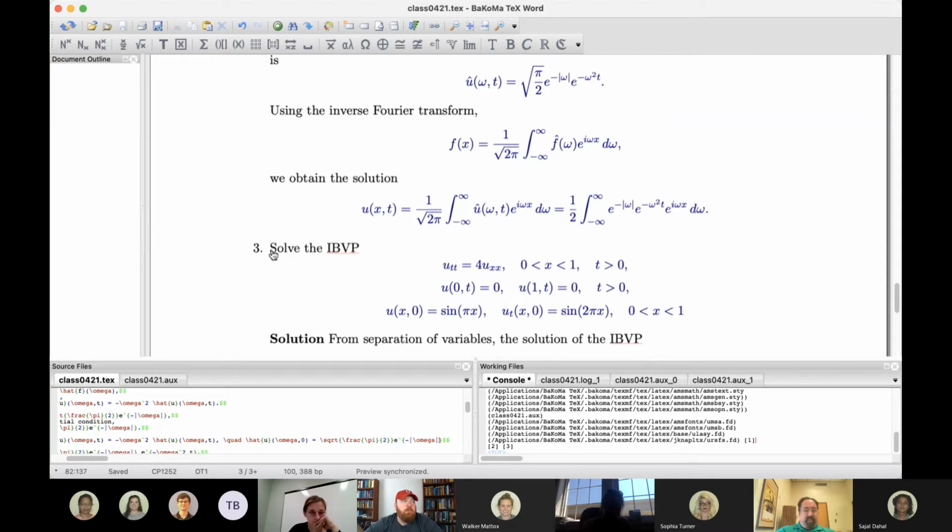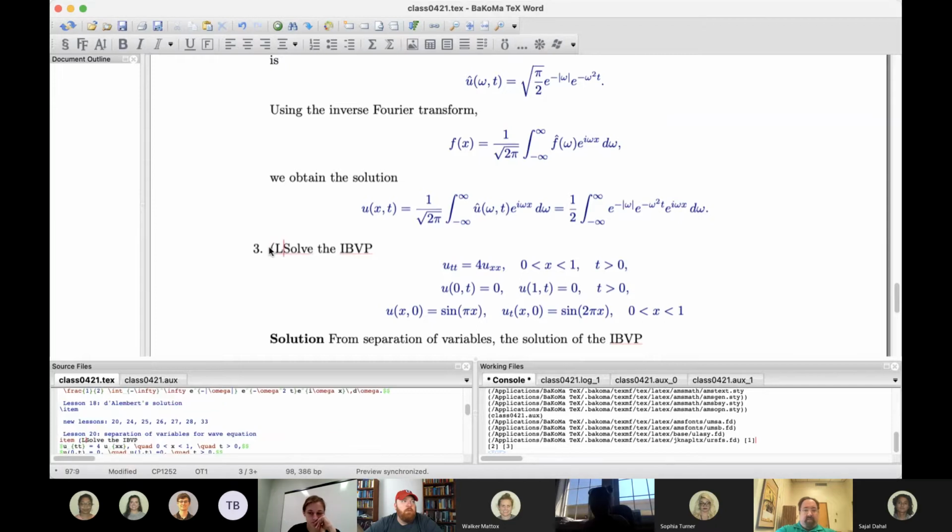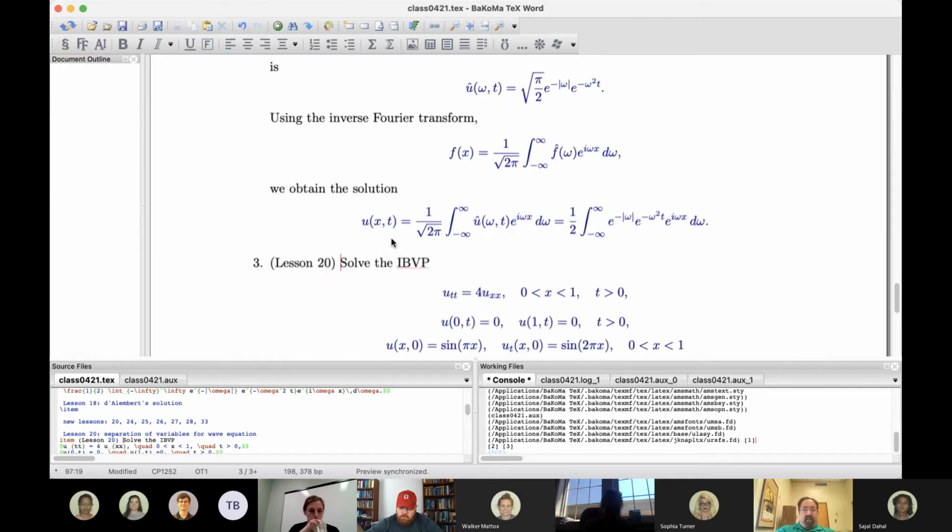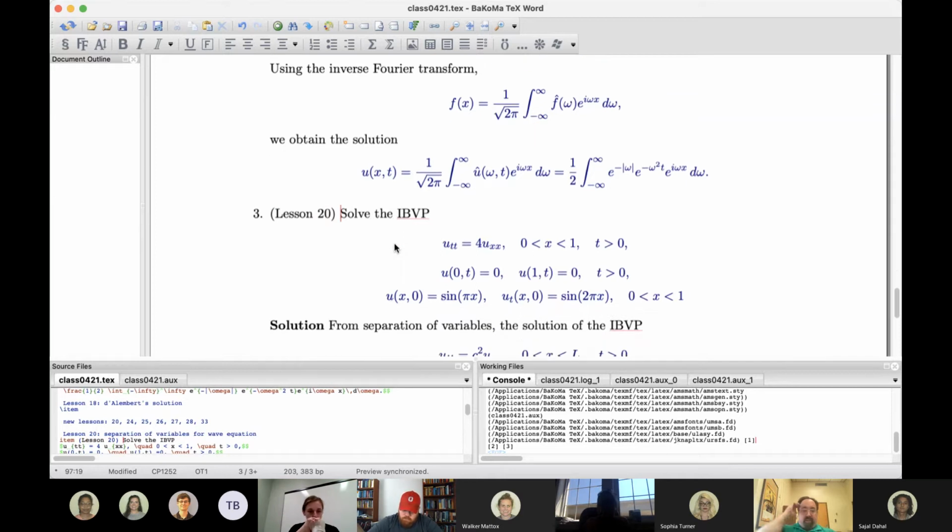Okay, the next one is from lesson 20. So wave equation, but on a bounded interval, so separation of variables applies. From the boundary conditions, you would determine your eigenfunctions. In this case, u instead of du dx is specified at the endpoints.